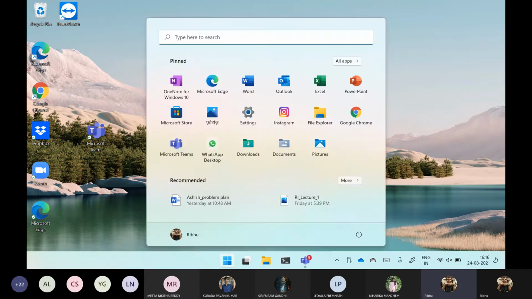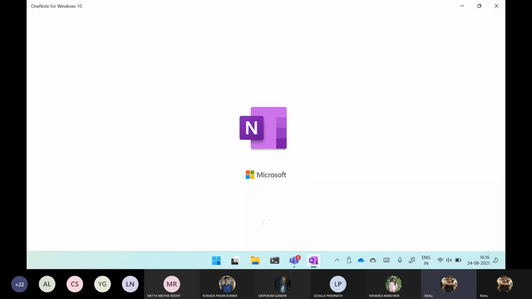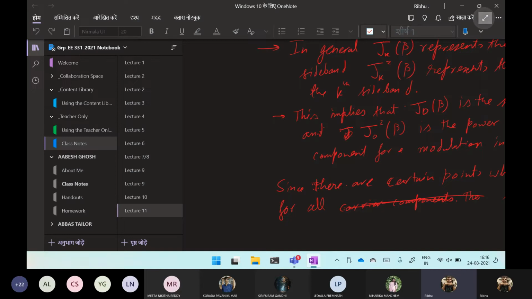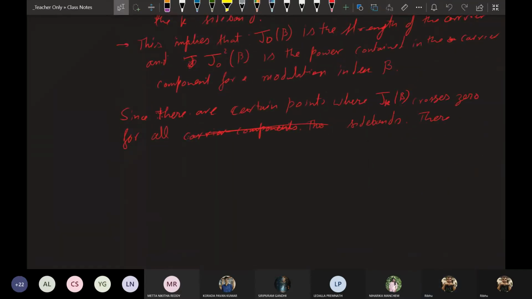This is the point where the carrier component becomes 0 when beta takes this value.